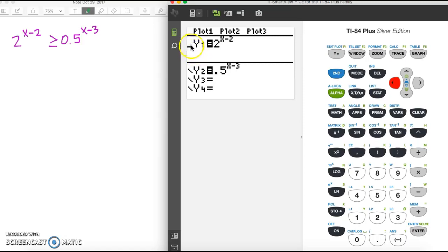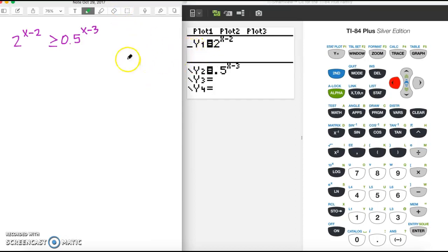But I'm not sure if I want to tell it to shade above or below. The trick to figuring out whether we should shade above or below is to replace the other equation, the one that we're not on the same line as, with a y. Right now we're on the line 2 to the x minus 2. Let's pretend that the other equation is the y part of our equation.